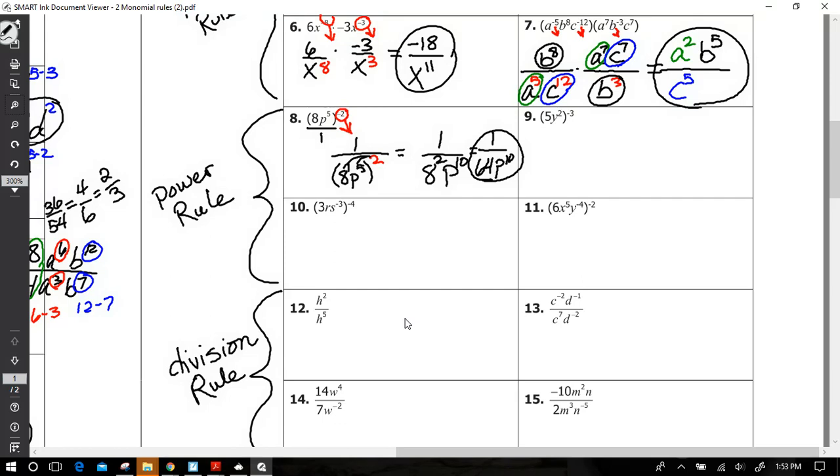And that's my simplified answer. All right, I want to do number 11 differently. I want to show you if you choose to distribute the negative, what that would look like, okay? So I'm going to start by distributing. That's 6 to the 1st power. So 6 to the negative 2, x, that's a positive 5 and a negative 2. Positive 5 and negative 2 gives me negative 10.